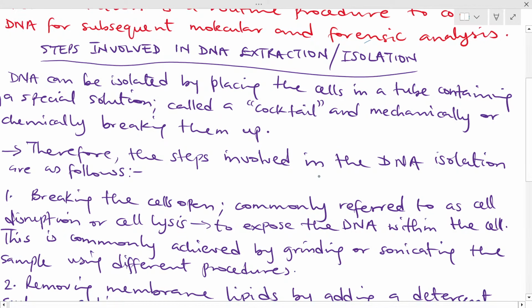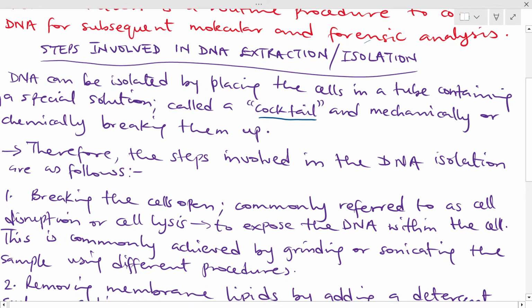That special solution is called the cocktail because it contains other chemical materials that are needed for what? The isolation of a pure form of the DNA. It can be isolated mechanically or what? Chemically, by breaking up the cells. Okay, so the cell is broken up.